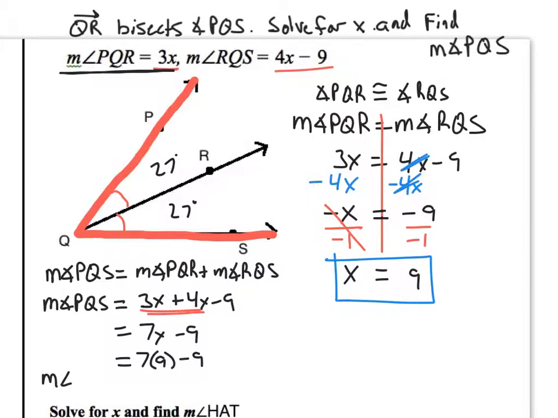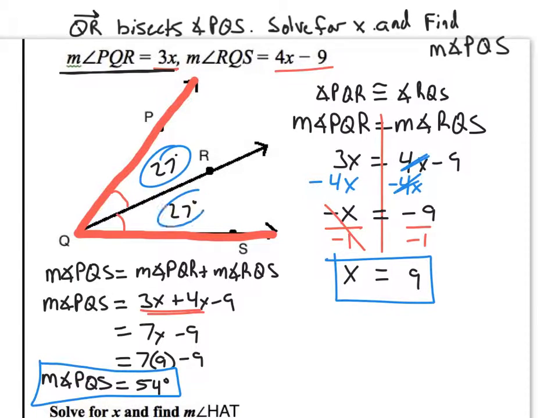So the measure of angle PQS equals 7 times 9, which is 63. 63 minus 9 is going to give us 54 degrees. Which of course it's 54 degrees because, like I said, we could have just taken 27 plus 27, which is 54.